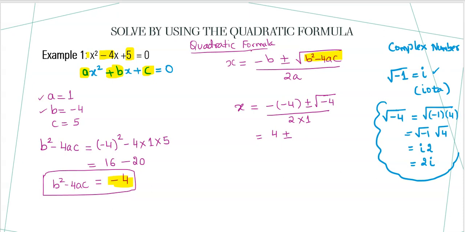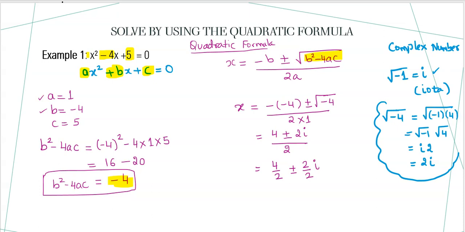Okay, substituting this value over here. So it becomes 4 plus and minus 2 iota divided by 2. Now, let's see if we can cancel something from numerator and denominator. So if we split it, what we get here? 4 over 2 plus and minus 2 over 2 iota.